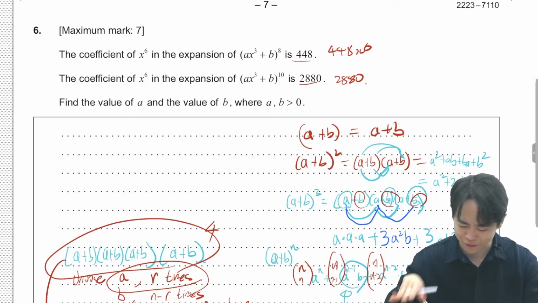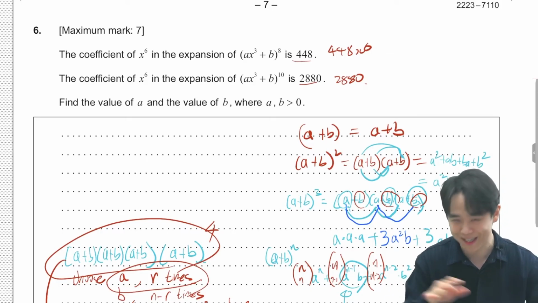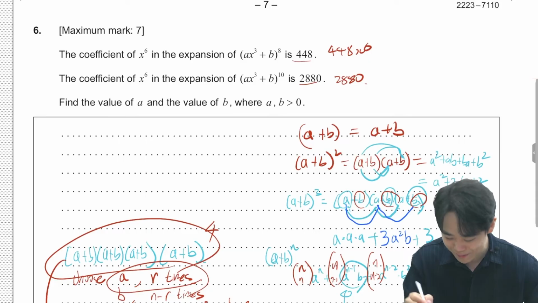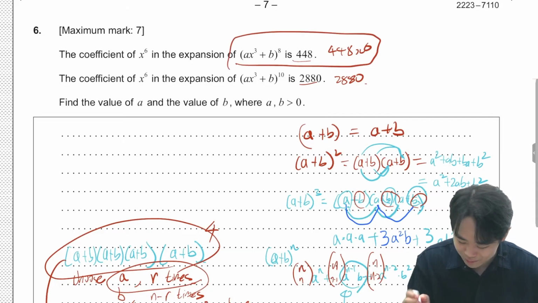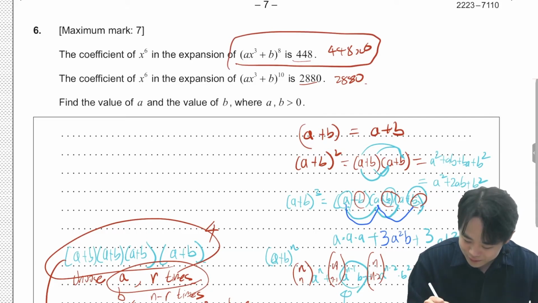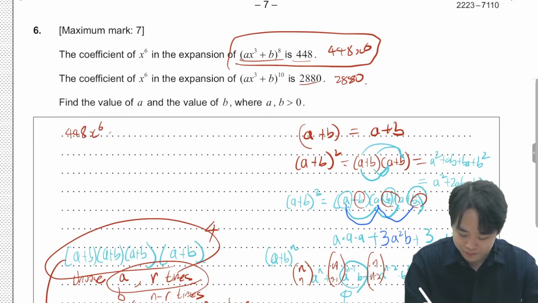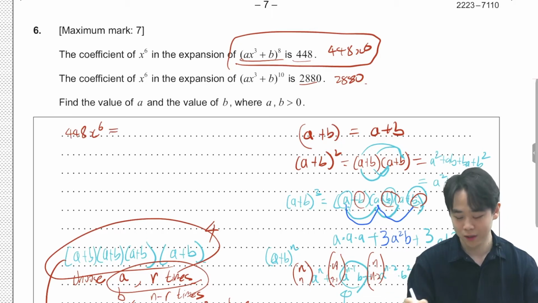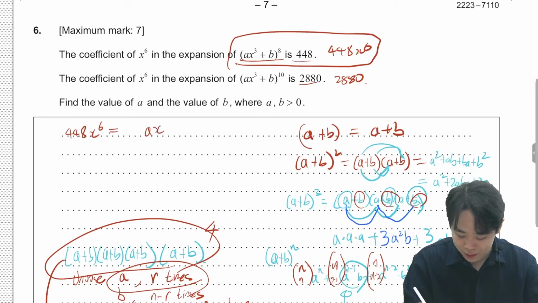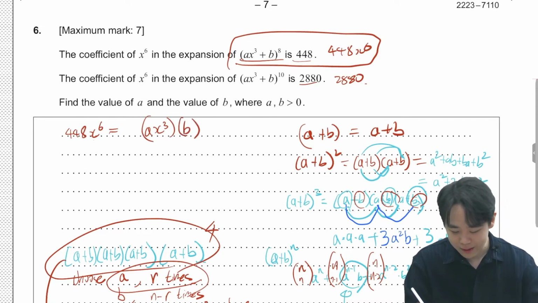Okay, so if you already know your binomial expansions, you kind of didn't need to hear the last few minutes, but this is how we solve this problem right here. So first, 448x^6 is definitely a term found in this expansion. Every one of these terms will be ax cubed and b. So how do you get x^6? Well, we got to multiply ax cubed 2 times. And that means b has to be multiplied 6 times.